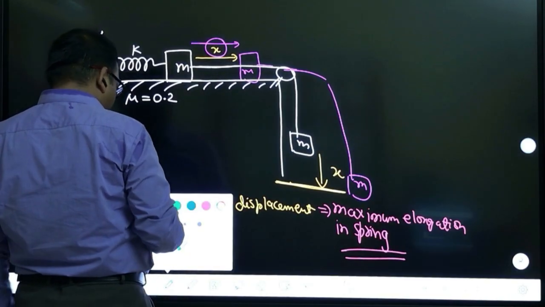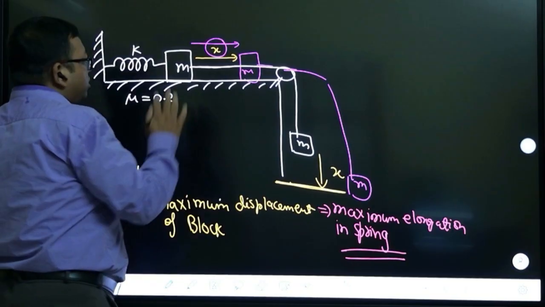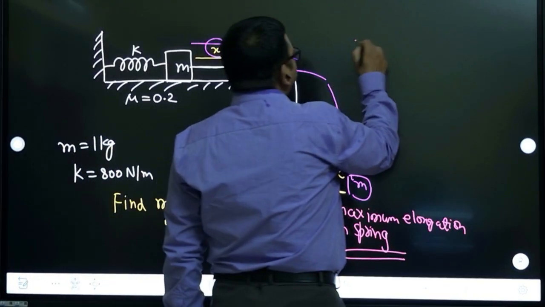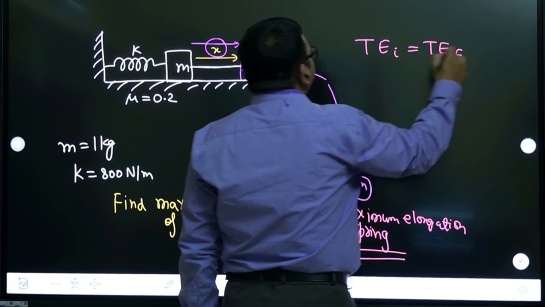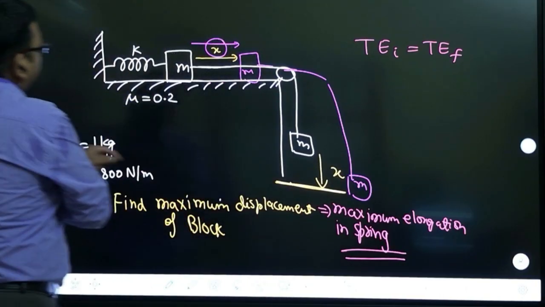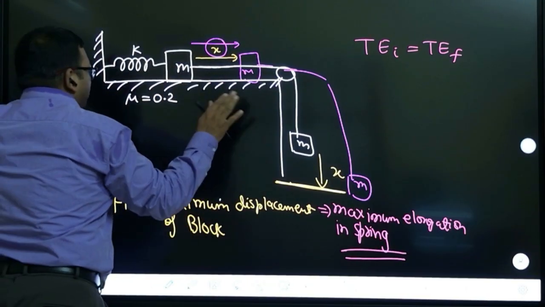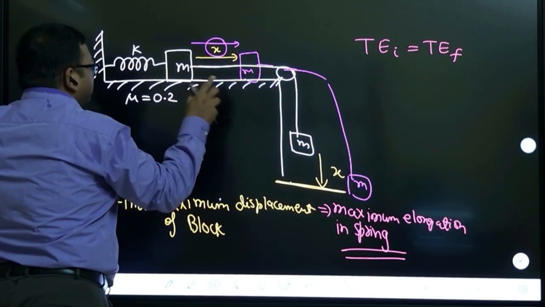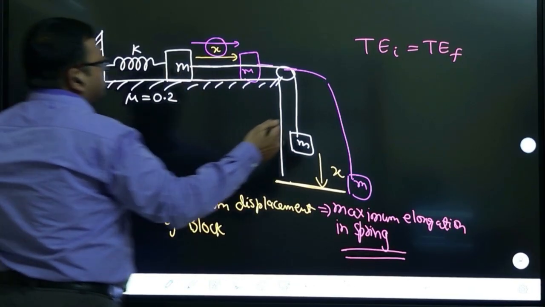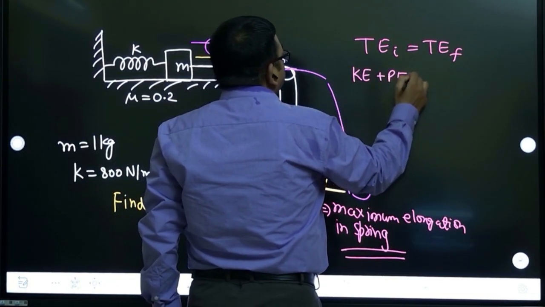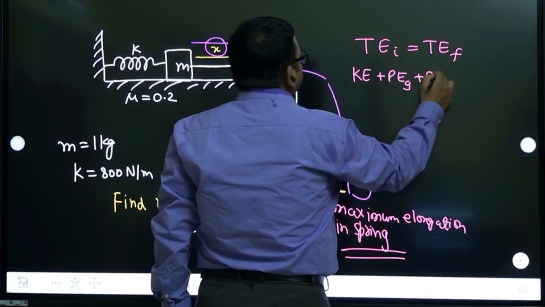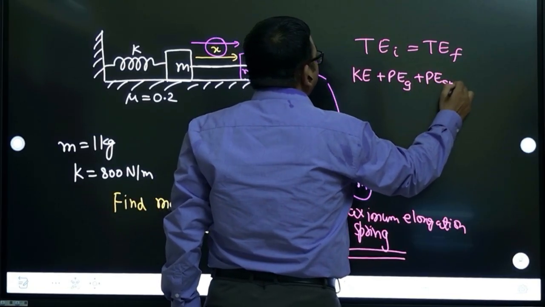So now let us try to apply energy conservation. Initially, what is the total energy of this system and what is the total energy finally? We will equate that. Initially there was no kinetic energy. So kinetic energy plus gravitational potential energy plus spring potential energy, because there are two types of potential energy, right?